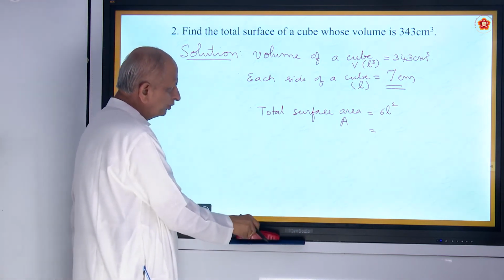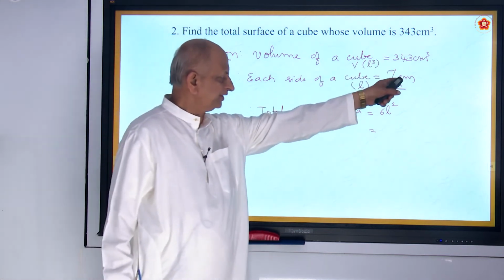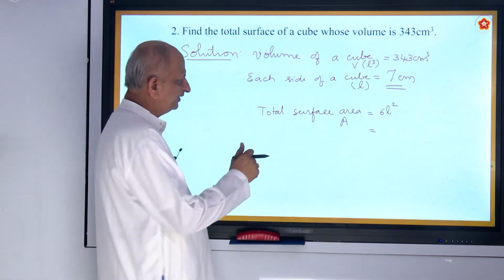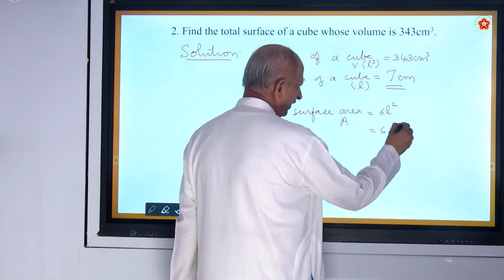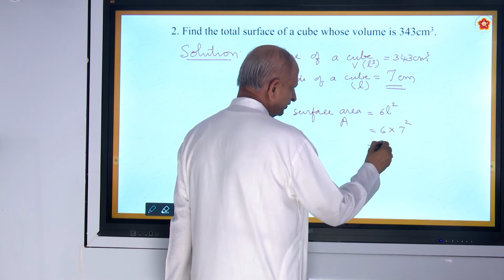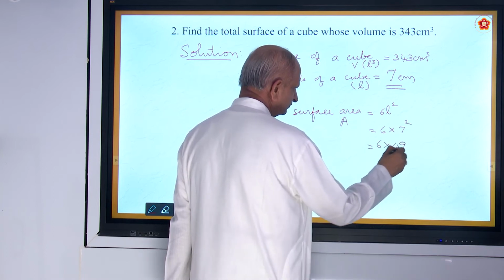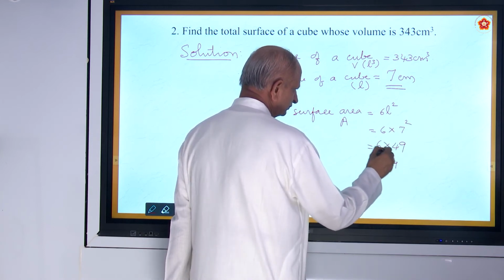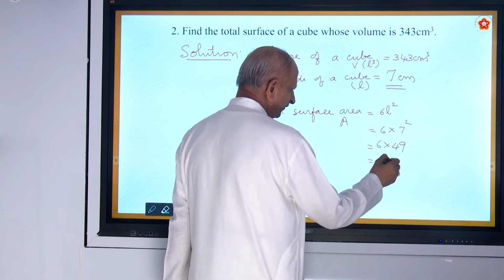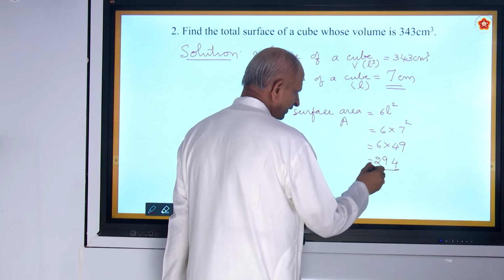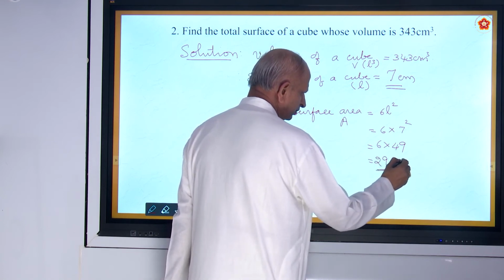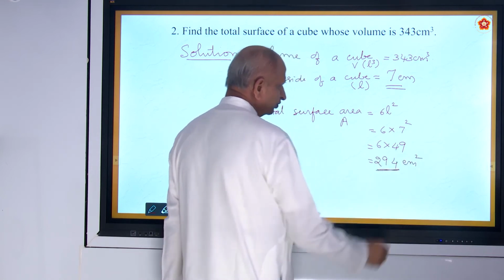What you have done is cube root of 343, that is 7. Now 6L square. 6 into 7 square. 6 into 49. 6 9s are 54. 6 4s are 24 plus 5. So much of square centimeters.